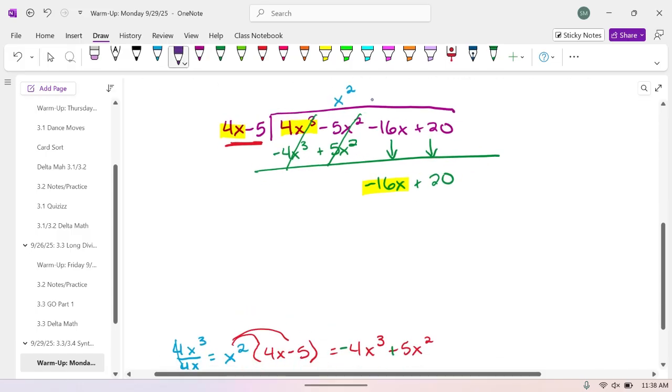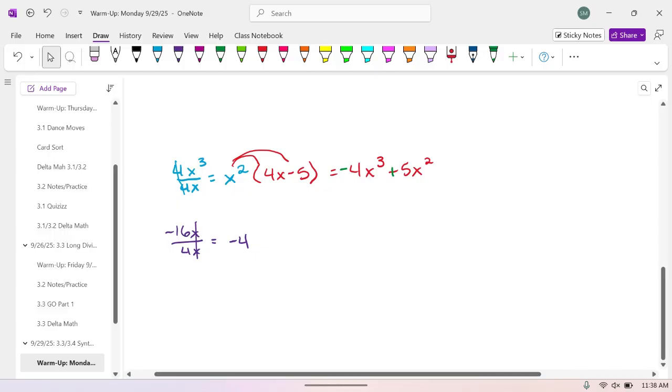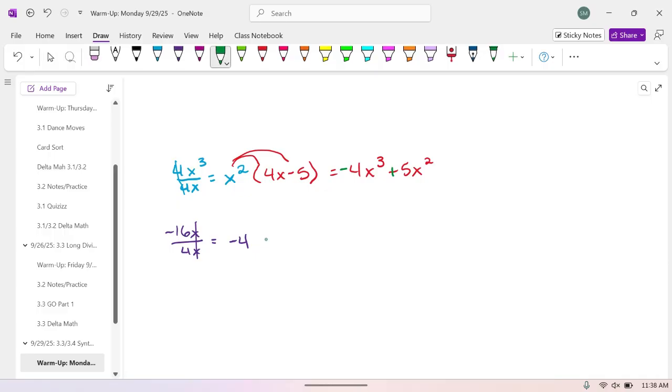I'll write it up here. What do I do now? Times it by 4x minus 5. All right. So Mackenzie, what would I get when I do that? Good. Negative 16x plus 20.